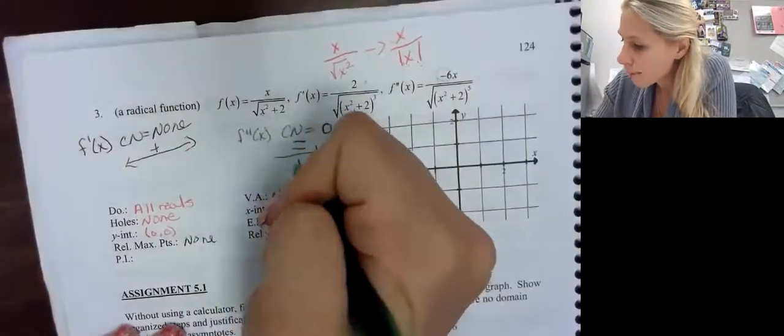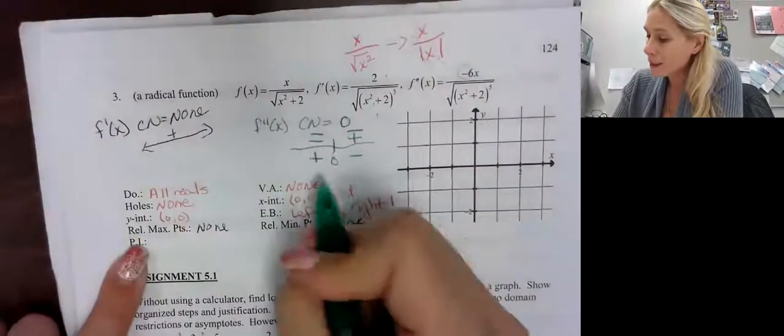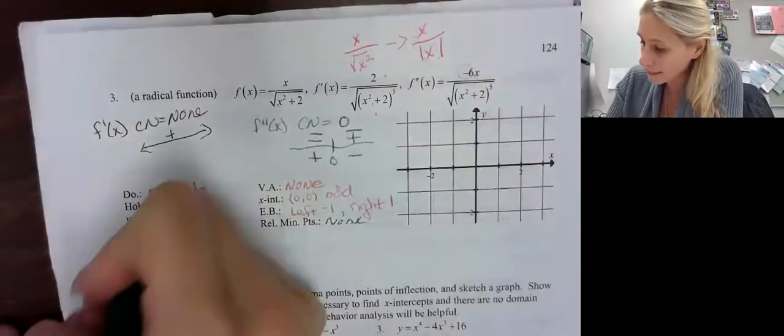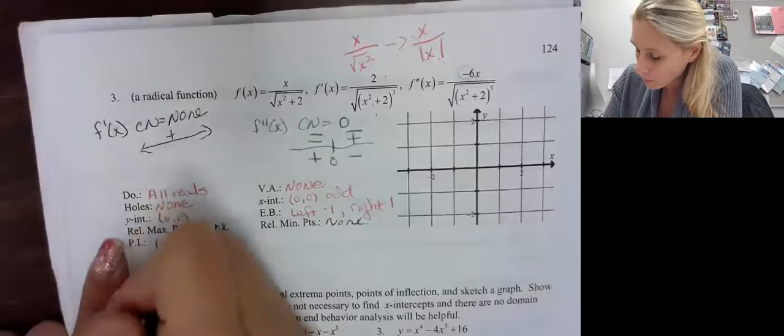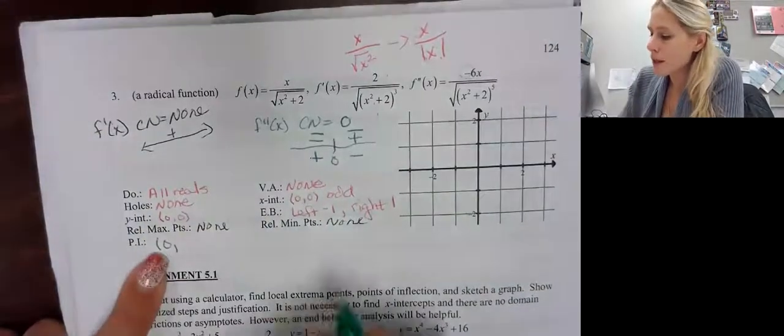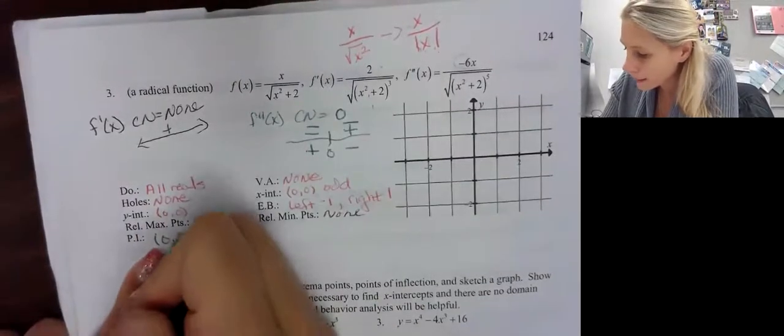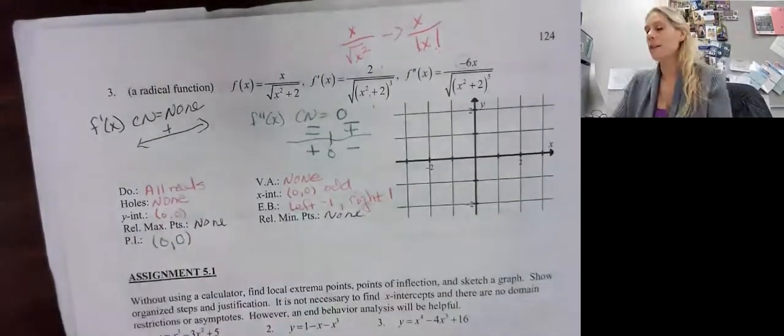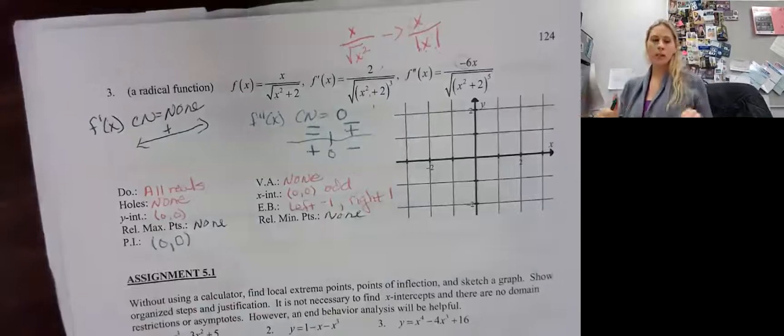So negative, negative, right? Row of negatives. So we have positive, negative. Okay, so that means we do have a point of inflection at 0. Remember that changes concavity. So 0, and then plug back in, we get 0 over the square root of 2, which is 0.